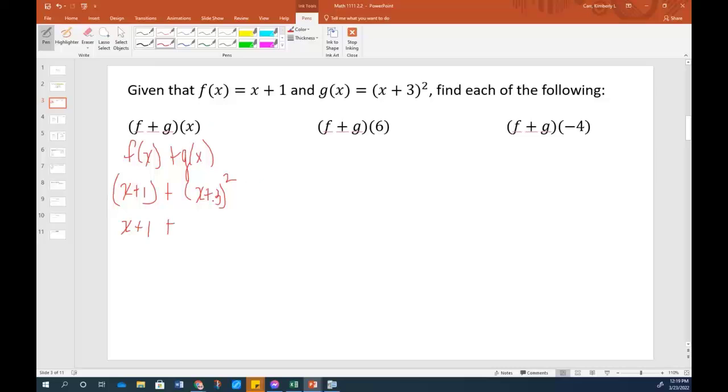X plus 3 squared, you can FOIL it out, x plus 3 times x plus 3, and that comes to x squared plus 6x plus 9. So here I've just combined like terms. So f plus g of x is x squared plus 7x plus 10.